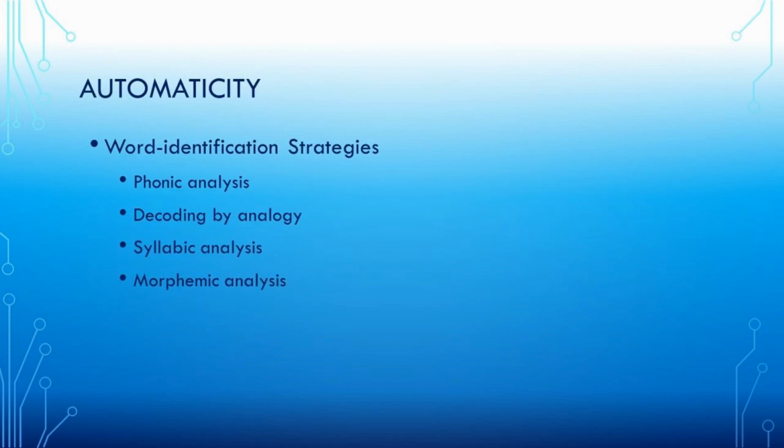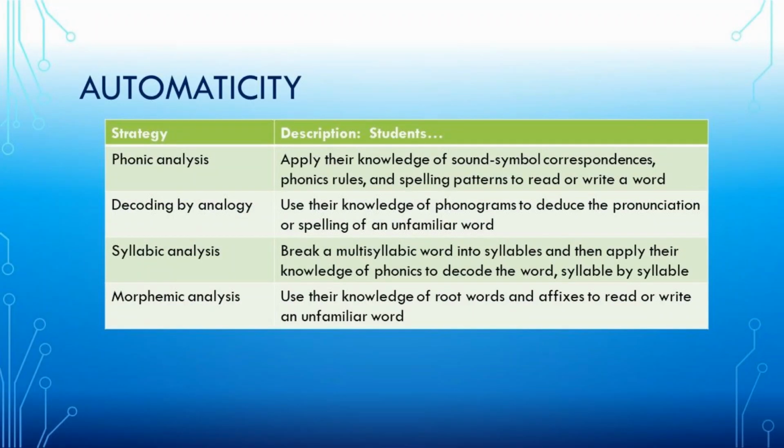Word identification strategies assist students with automaticity. These strategies are phonetic analysis, decoding by analogy, syllabic analysis, and morphemic analysis. In phonetic analysis, students apply their knowledge of sound-symbol correspondences, phonetics rules, and spelling patterns to read and write a word.